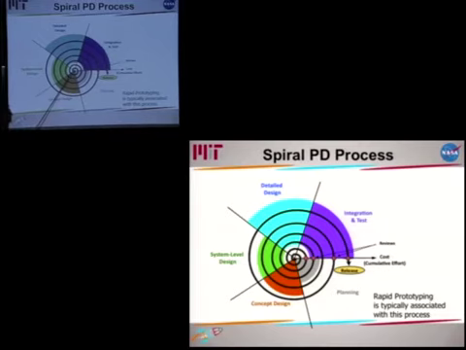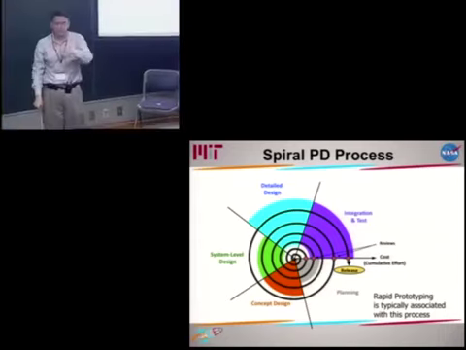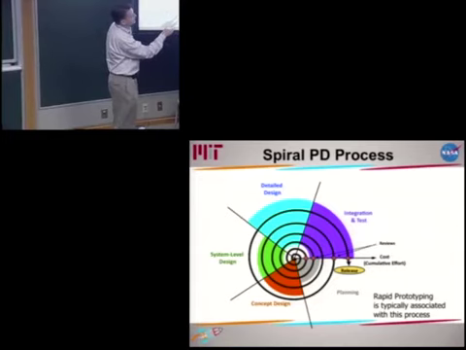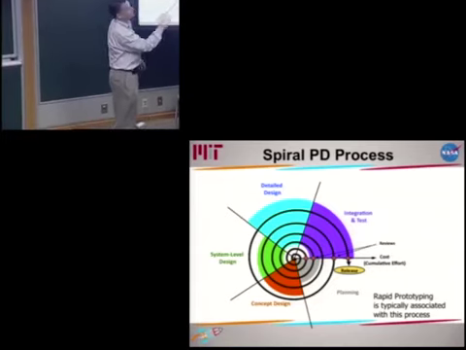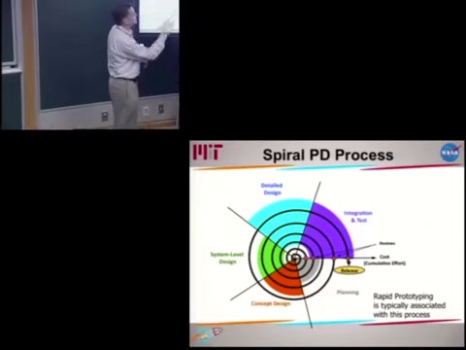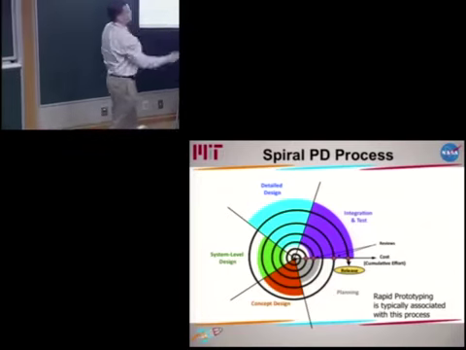You see that the spirals are kind of small, meaning that the pathway for going through all these steps is pretty short. So we're going to do this very quickly. Then we're going to have a review at the end of spiral 1. And then the second spiral is a little bit more comprehensive, so it takes a little longer to do. So we do this until we're ready to release the product.